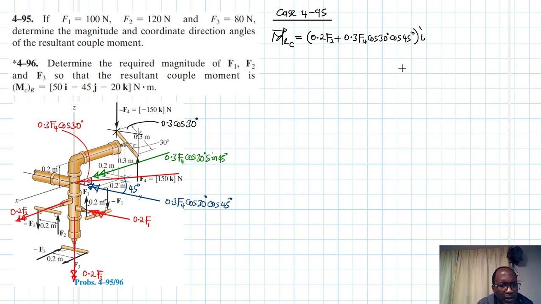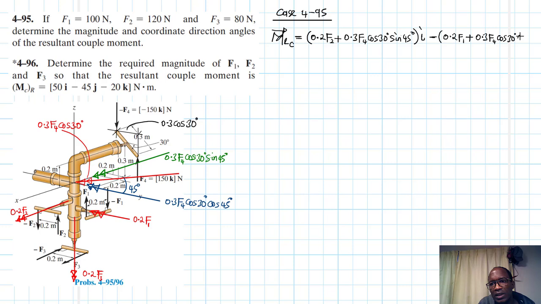Then in the y direction we have two, both negative. So we'll say minus 0.2 F1 plus, I've already put a minus there, 0.3 F4 cos 30. Okay, this one was sine, sorry. This one here, it is sine 45.